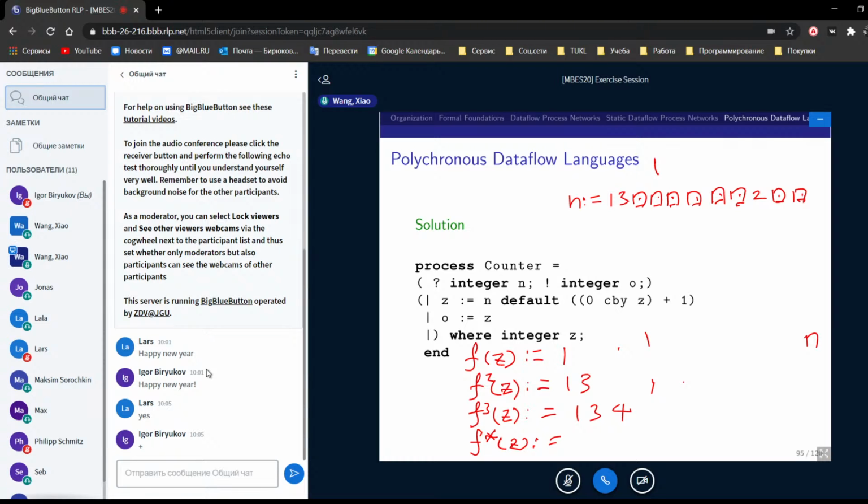Maybe I should redo it. 0 continued by z is 0, 1, 3, 4. Plus 1, it's 1, 2, 4, 5. Interesting. Then n default that. So it's 1, 3, 4, 5. Okay, I overlooked one.